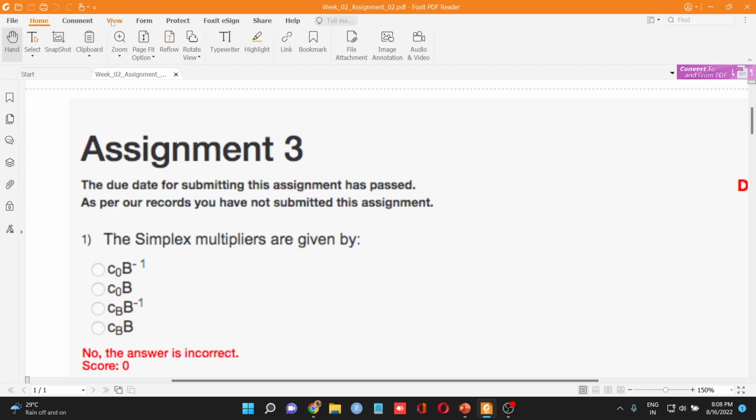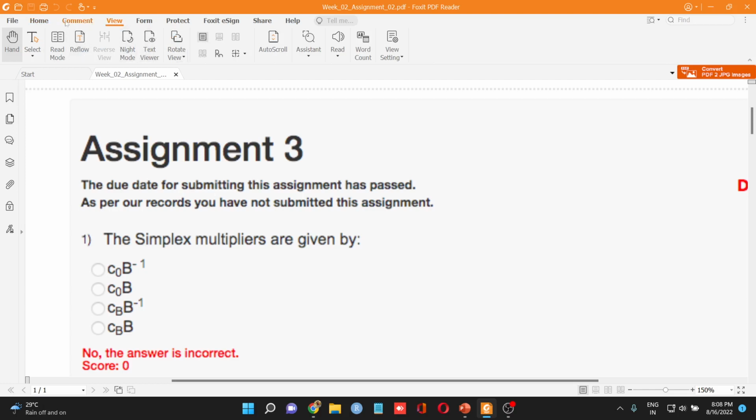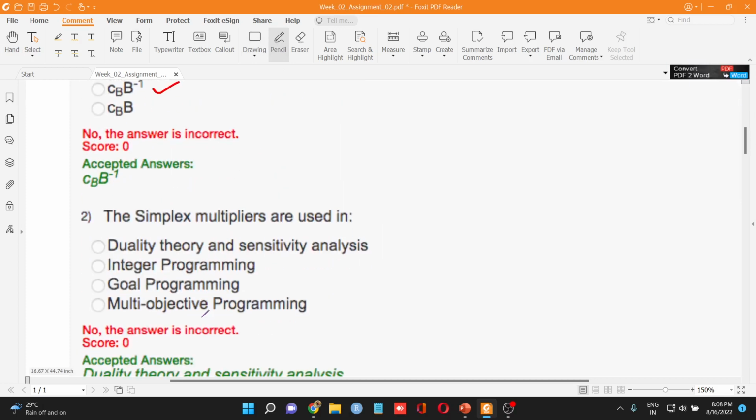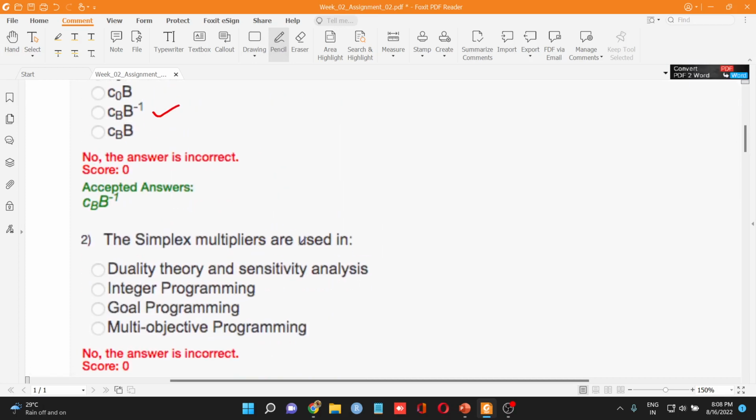Okay, this is option 3. CB B inverse is the simplex multiplier. The simplex multipliers are used in duality theory and sensitivity analysis, which will come in the next coming weeks.